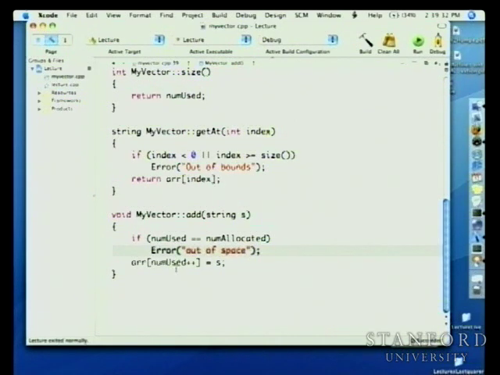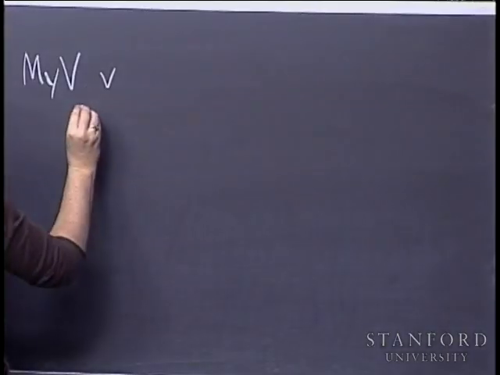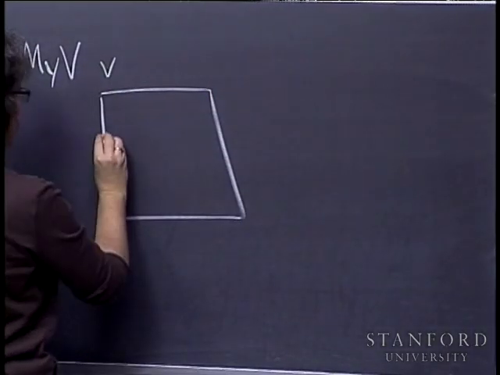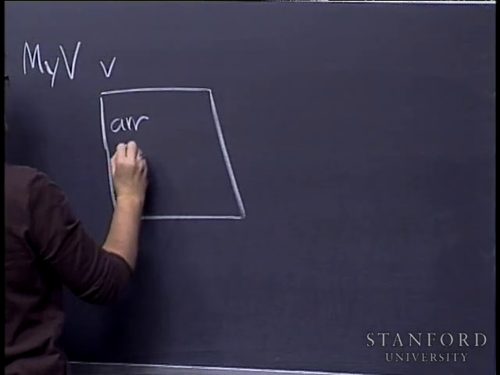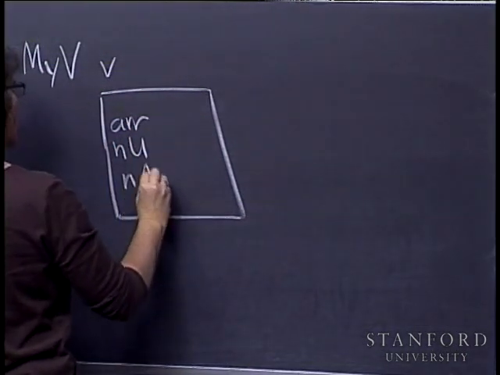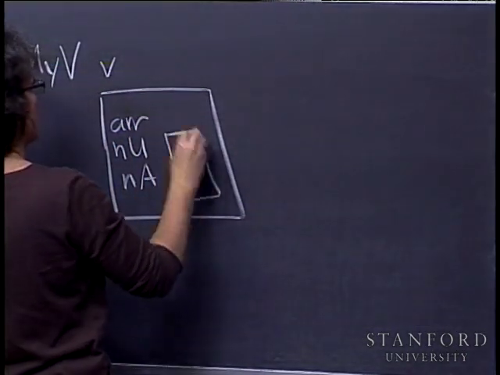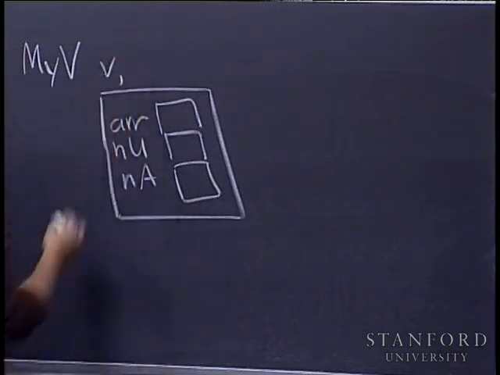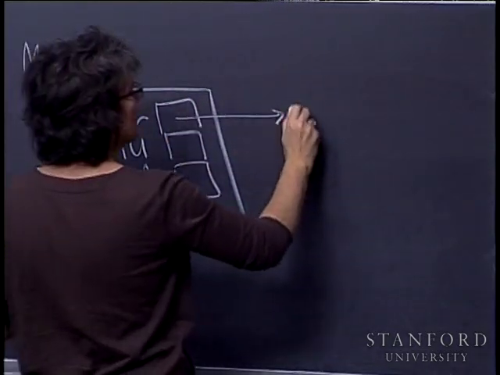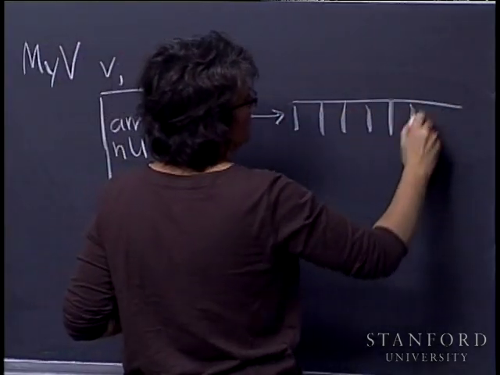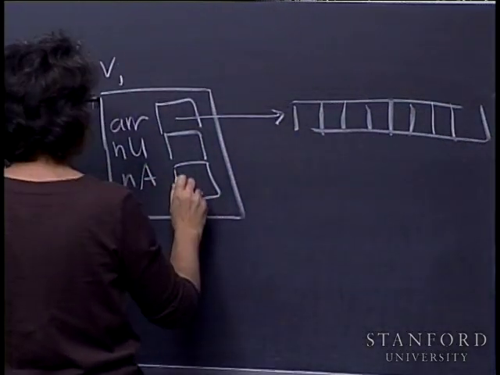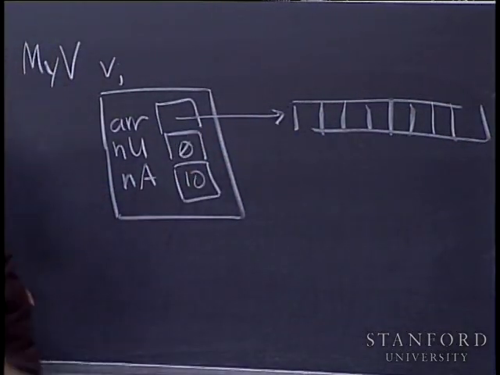Okay, let's think about what it takes to make more space using pointers. What a vector really looks like is it has 3 fields: the ARR, the num used, and the num allocated. When I declare one, the way it's being set up right now, it allocates space for some number, let's say 10 again, and marks num used as 0.